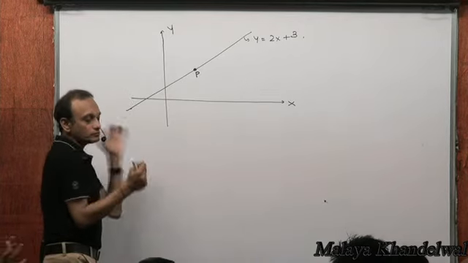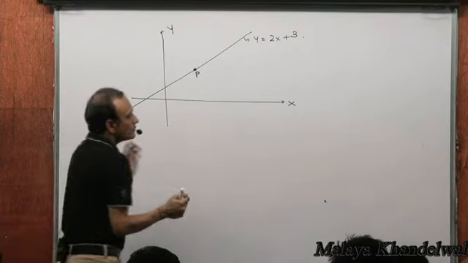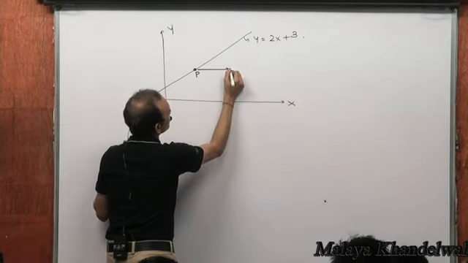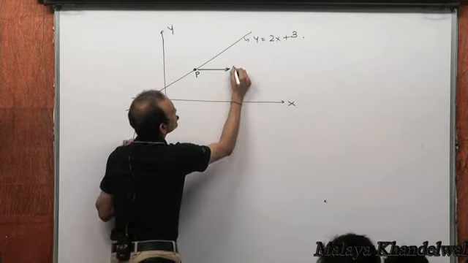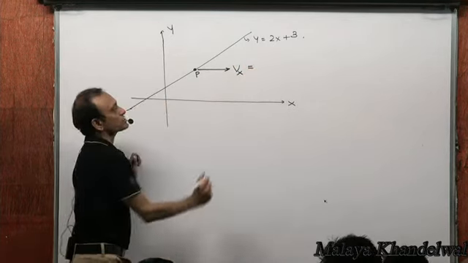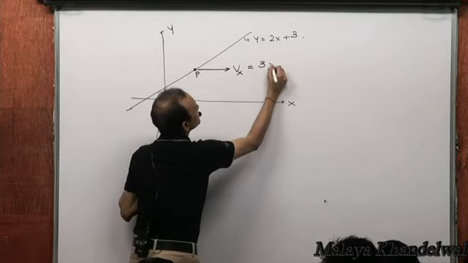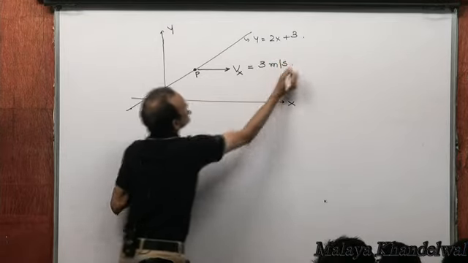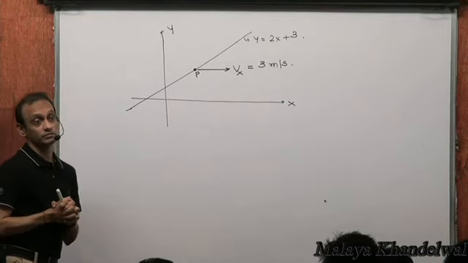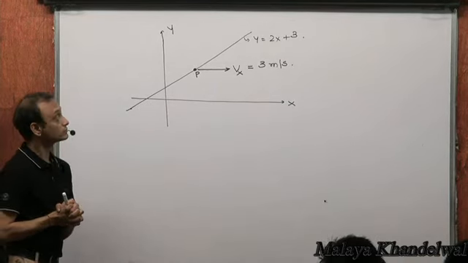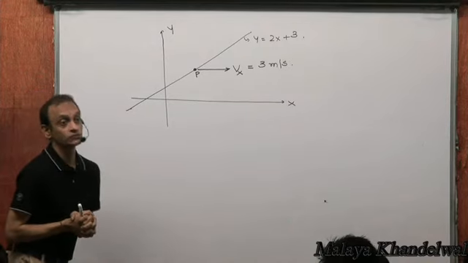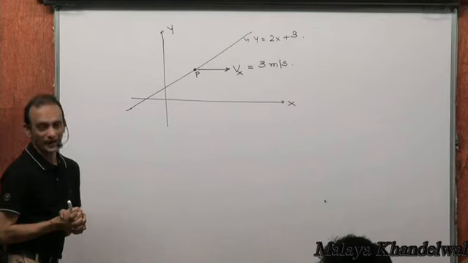Now, suppose at a given instant of time, the velocity in the x direction is given to be 3 meters per second. What would be the velocity in the y direction?